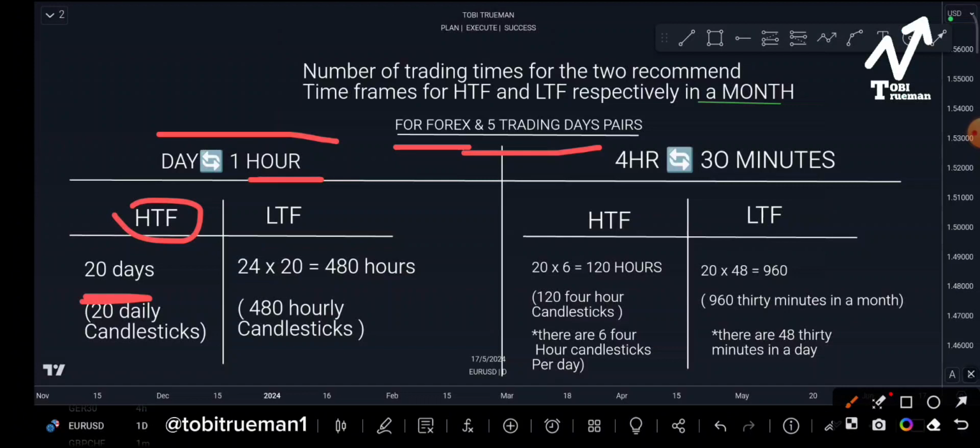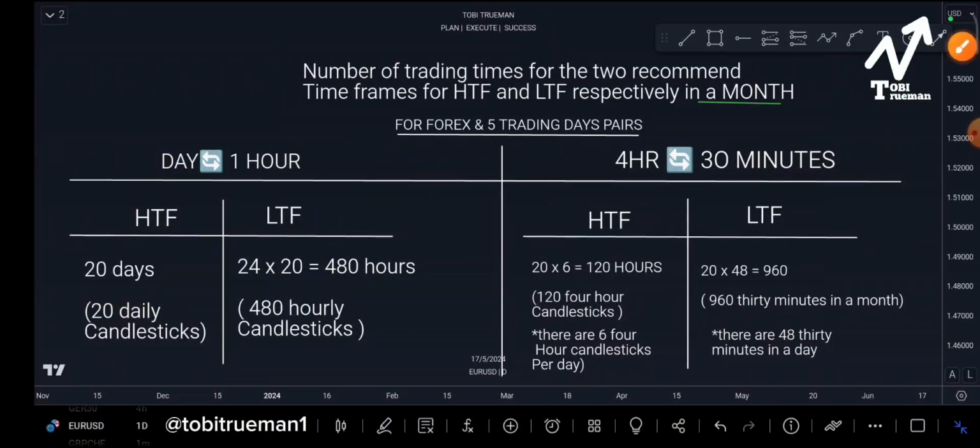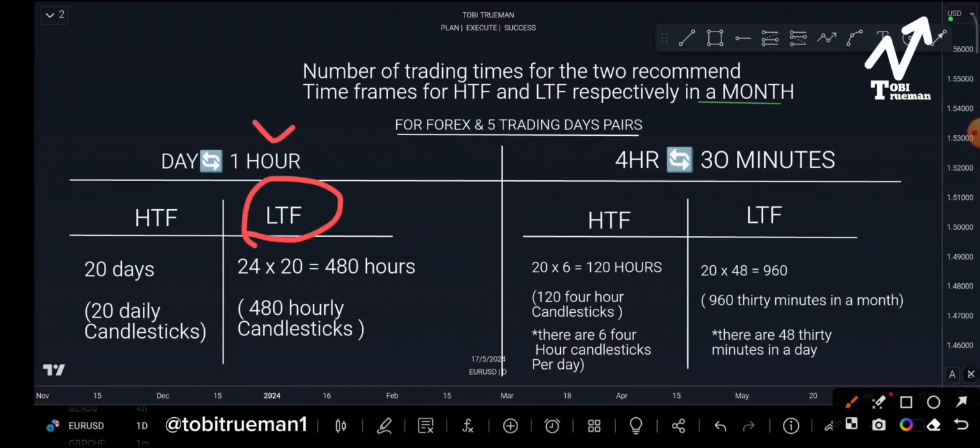Out of those 30 days, by the time you remove Saturday and Sunday, you'll be left with 20 days. So 20 days means that we'll be having 20 daily candlesticks for the daily time frame. Then for the corresponding lower time frame, we know there are 24 hours in a day.